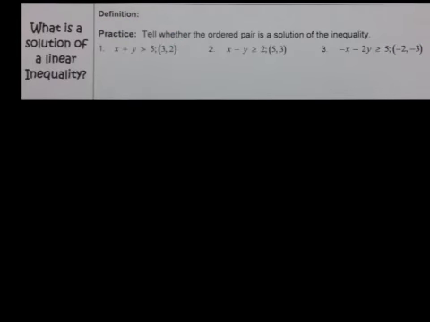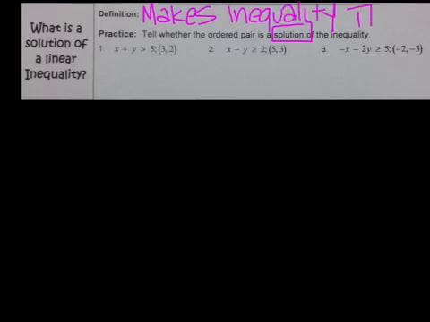In this portion of your notes, it wants to know if an ordered pair is a solution or not. Remember what a solution is: it makes the inequality true. So what we are going to do is substitute the given ordered pair into the inequality to see if it makes it true or not.